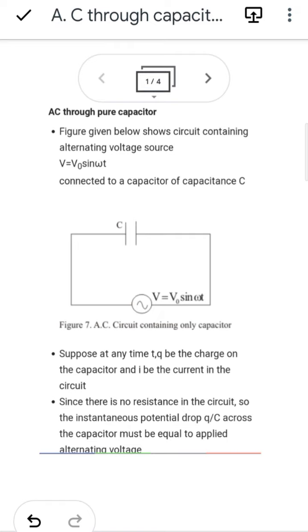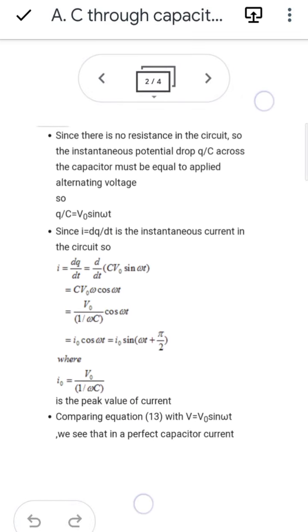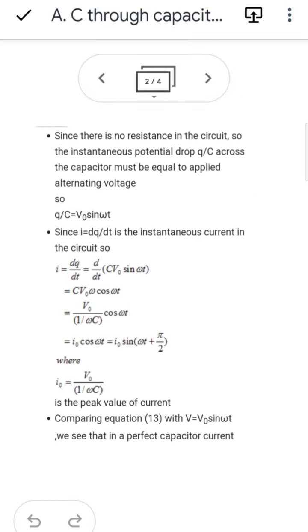Since there is no resistance in the circuit, at any particular instant the potential drop V is equal to q upon C, and this potential drop must be equal to the applied voltage, V equals V0 sine omega t. So the instantaneous potential drop q upon C across the capacitor must be equal to the applied alternating voltage.